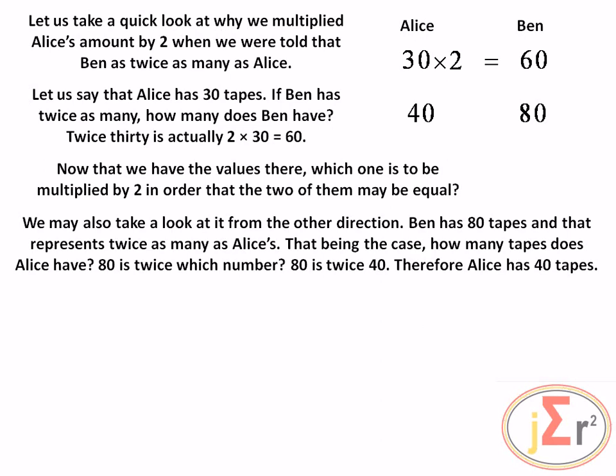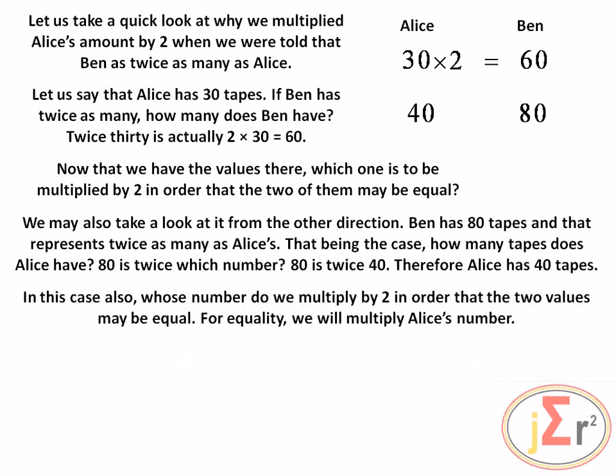The number that Ben has is twice the number that Alice has. In this case also, whose number do we multiply by 2 in order that the two values may be equal? For equality, we will multiply Alice's number.